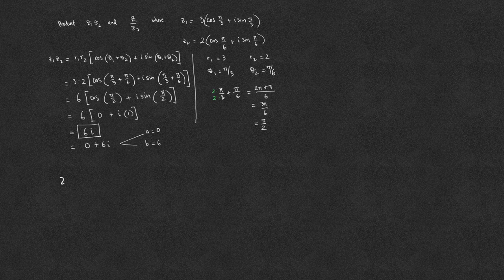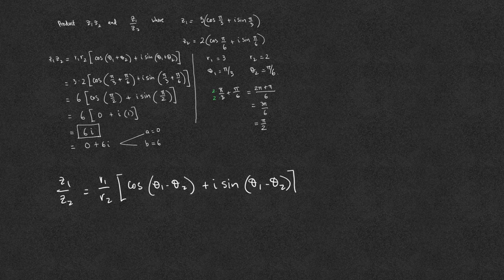For z1 over z2, we use the formula r1 over r2 times cosine of theta 1 minus theta 2 plus i sine of theta 1 minus theta 2, where r1 is 3 and r2 is 2.